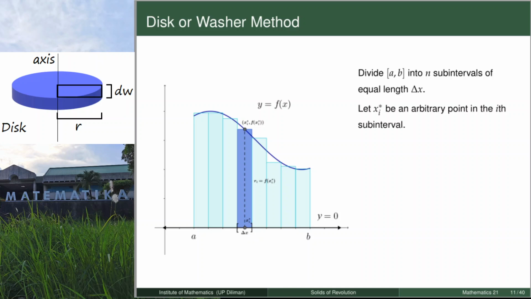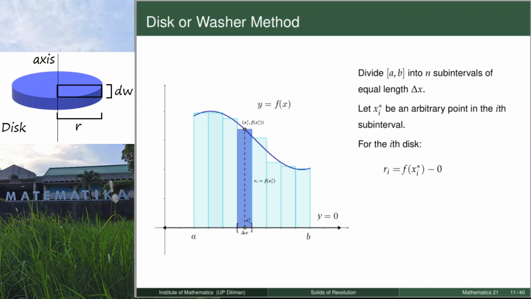Remember your lesson on areas? The vertical distance is measured as the difference of the y-coordinate on top minus the y-coordinate at the bottom, or y up minus y down. So the y-coordinate on top is f of xi star, while the y-coordinate at the bottom is y equals 0. So the radius will be the difference of those y-coordinates, or radius is just f of xi star minus 0.